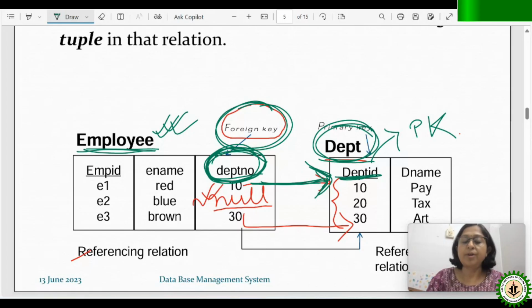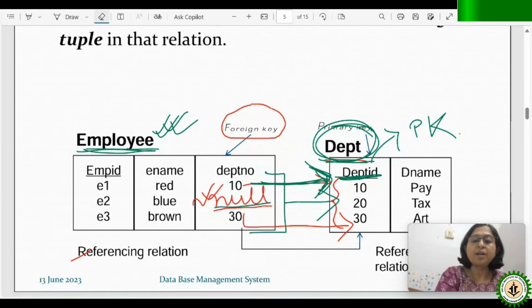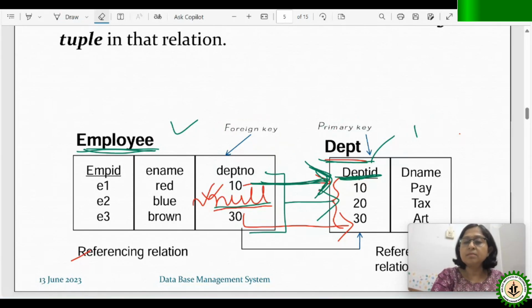It's called a foreign key. And if you check the foreign key characteristics, I think everybody will agree that the values must point to the same domain as the primary key of the other table. The values must be present in the other table, obviously. An employee's department has to be a department which exists. So the domain will be the same, the values will be the same.